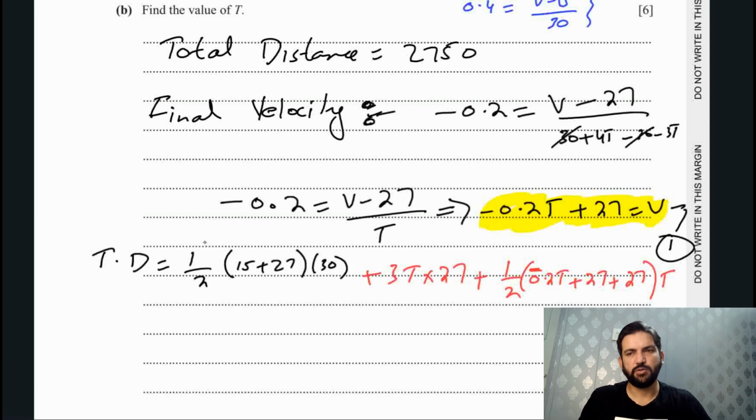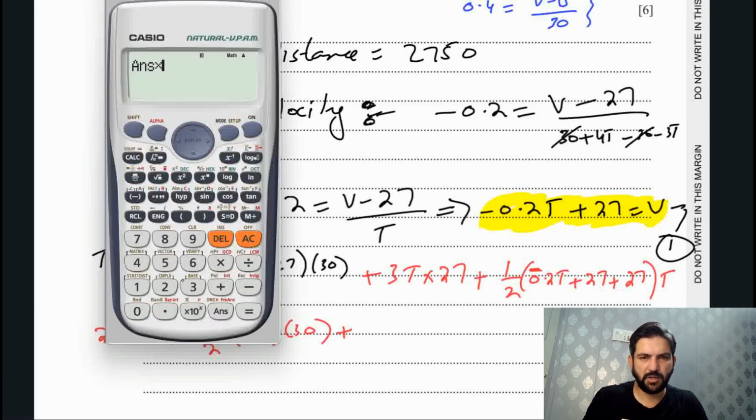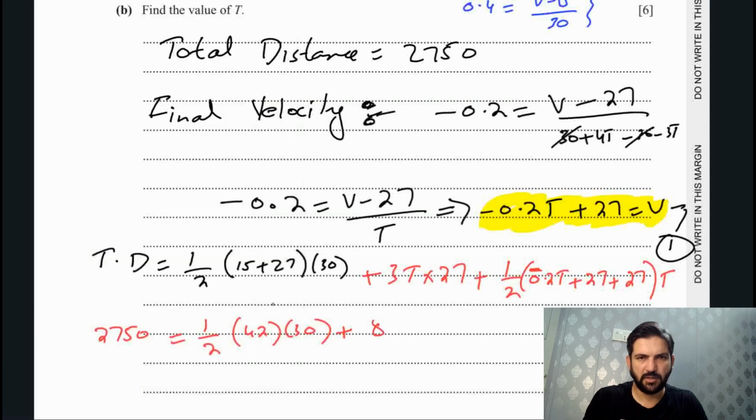So here you should write 2750, equals 1 by 2 into 15 plus 27, that is 42, 42 into 30, plus 27 into 3, which is 81, 81t, plus 1 by 2 into 54 minus 0.2t into t.